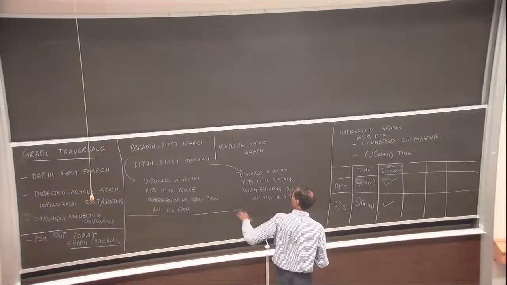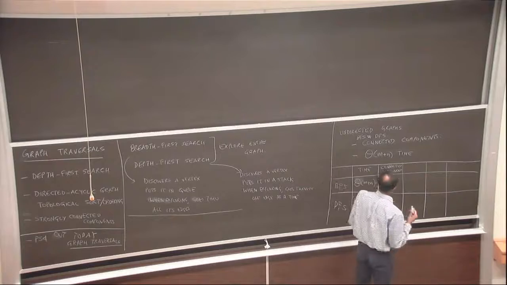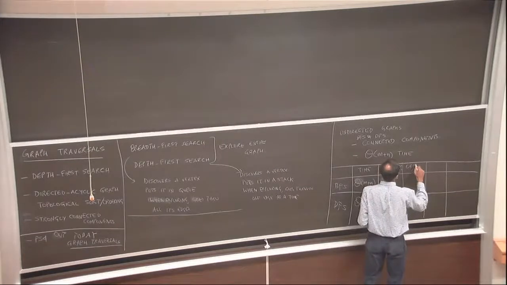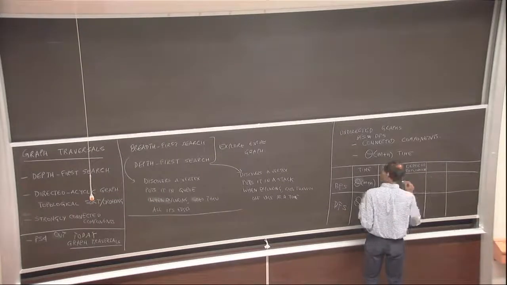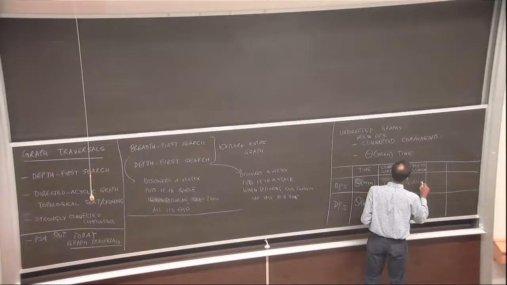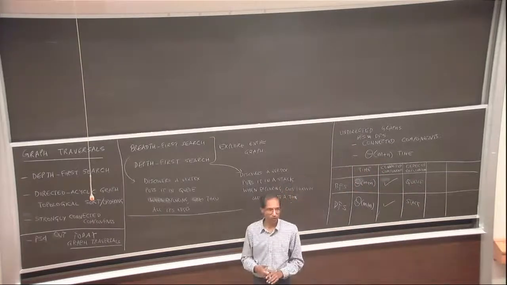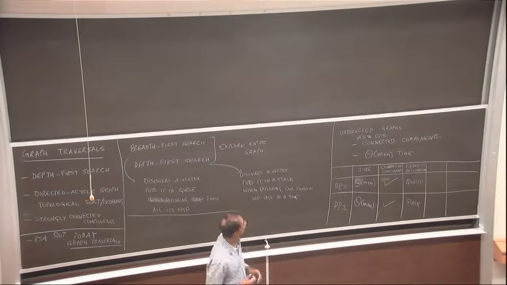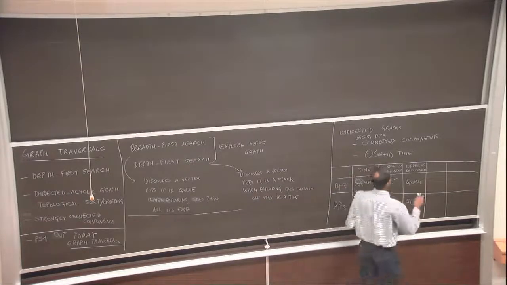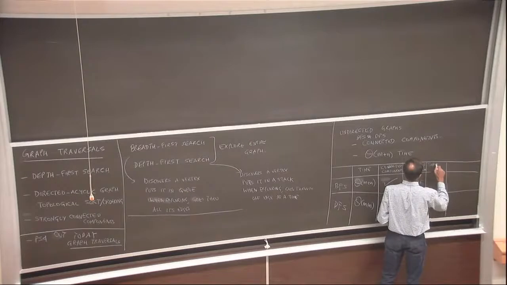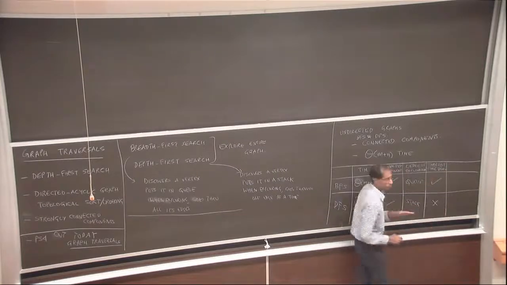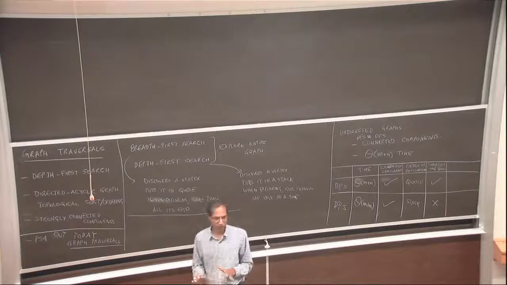In what order do they explore? BFS uses a queue. Depth first search uses a stack, to figure out which order you should explore. Shortest paths: does it find shortest hop paths? BFS does; DFS is not designed to find shortest hop paths.